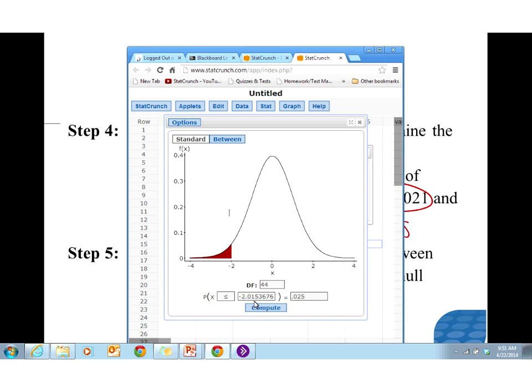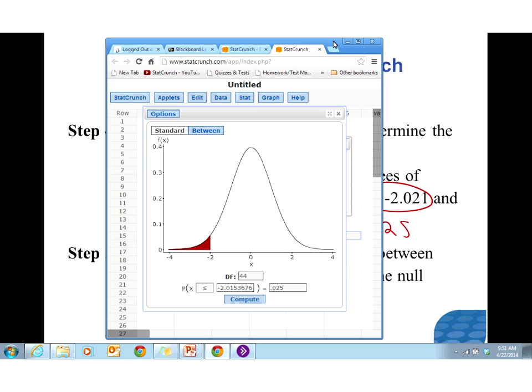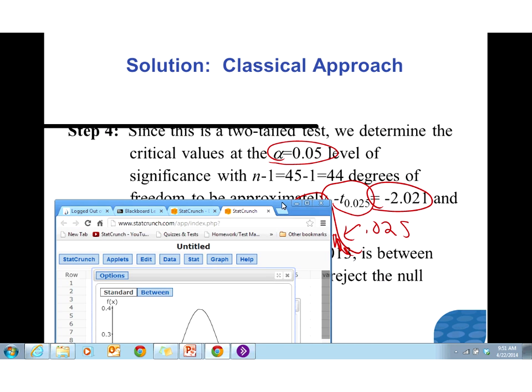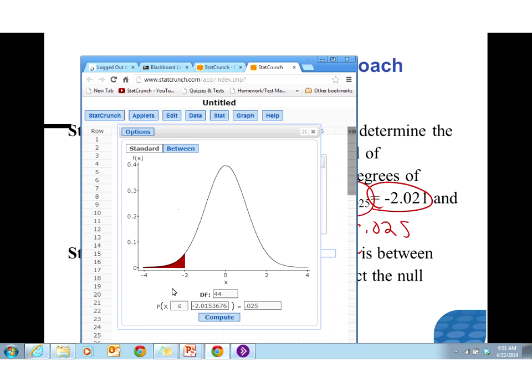Yeah, they rounded. What did they do? Negative 2.021. And that's the difference between the table and this calculator, which is actually more accurate.